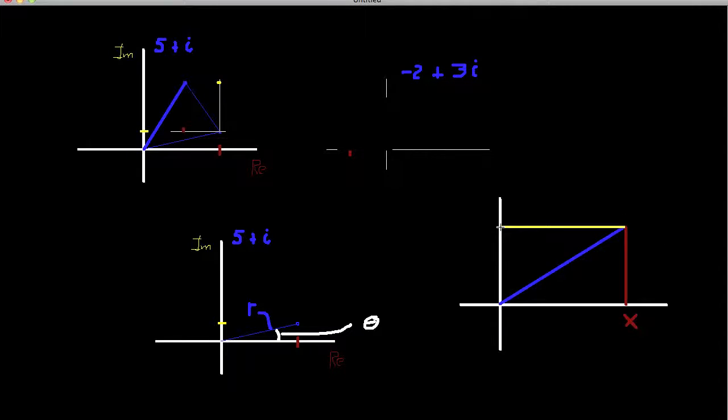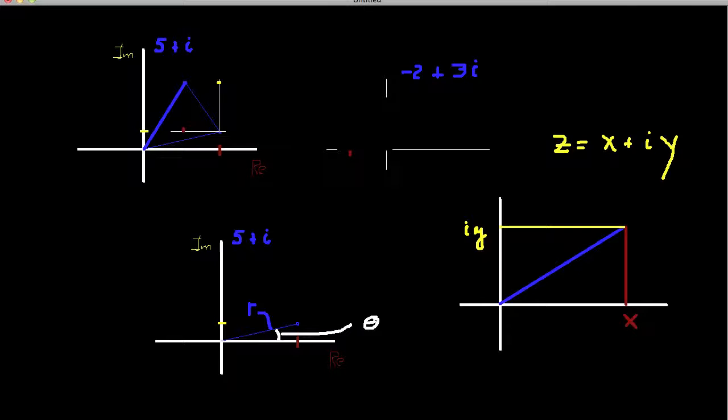So this gives us the y value right here, i times y. Instead of representing the number z as x plus iy, we can represent the number using this notation.